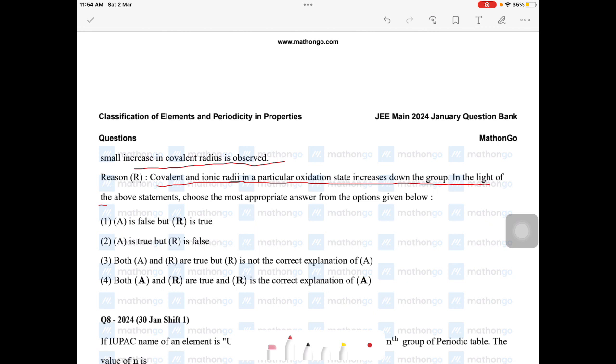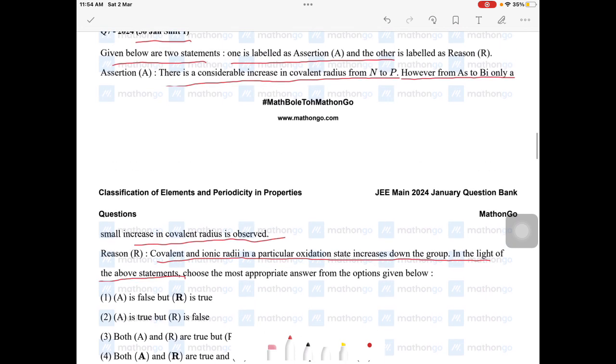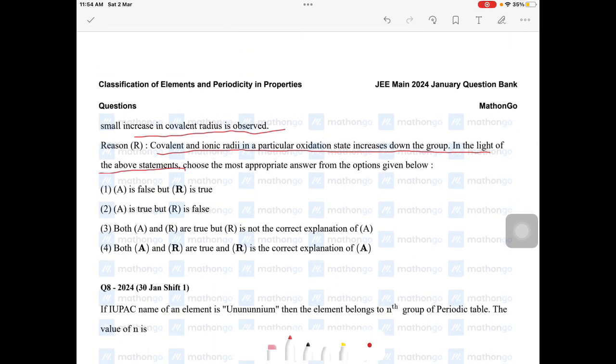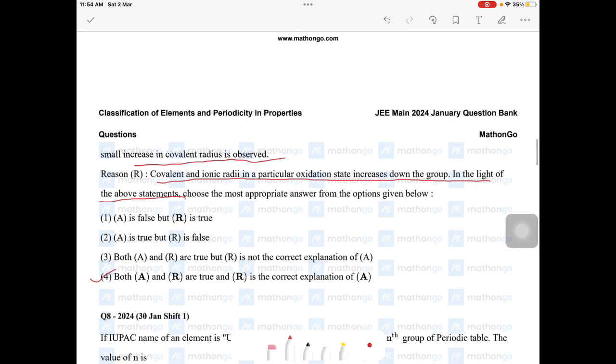So A is correct and R is also correct. A and R both are true, R is the correct explanation of A. A and R true, but R is not the correct explanation of A.